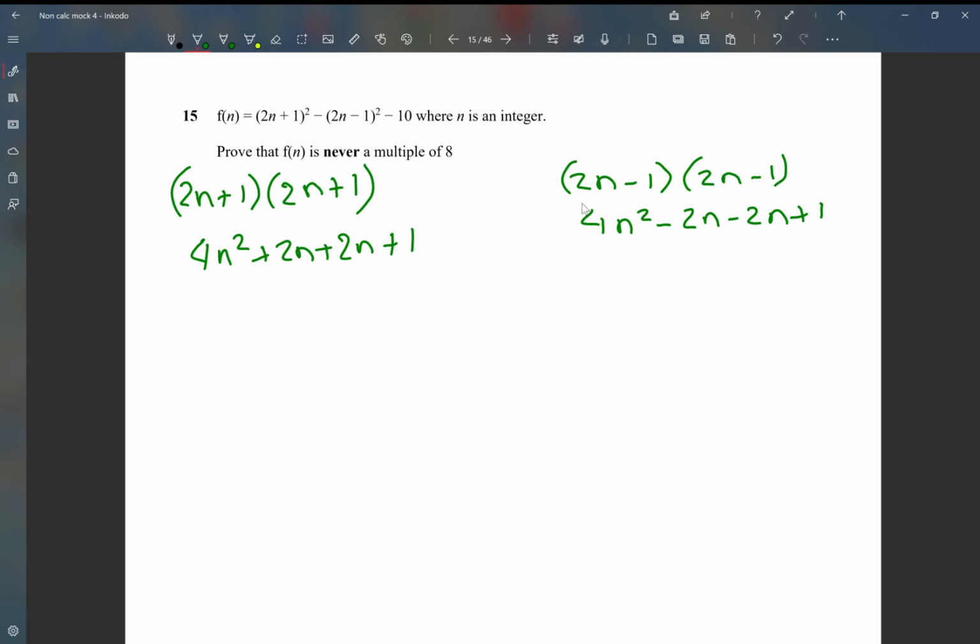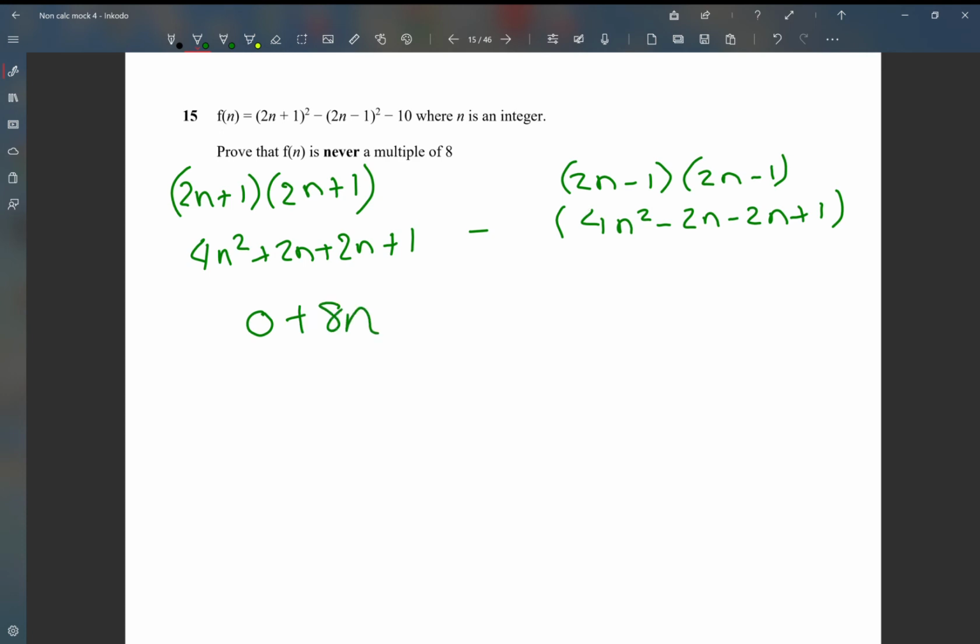So what we have to do, if you're minusing the whole lot, you'll be turning it around into the different signs. So 4n squared, you're going to be minusing 4n squared. So actually that becomes 0. Now plus 2n is 4n, and then I'm going to minus, now this is minus 4n. So if I minus 4n, I actually end up with positive 8n.